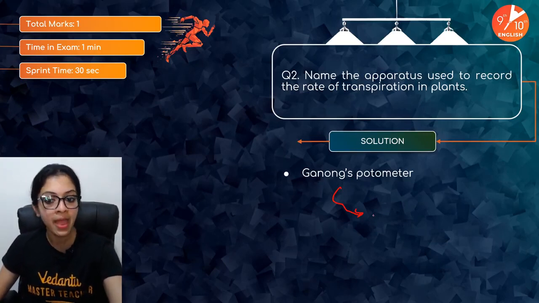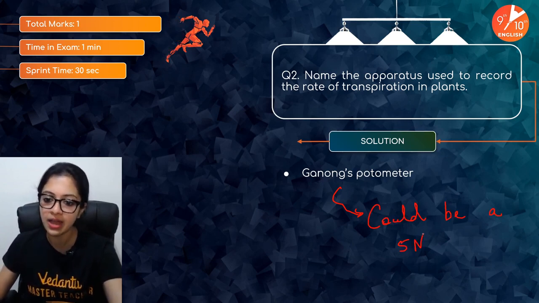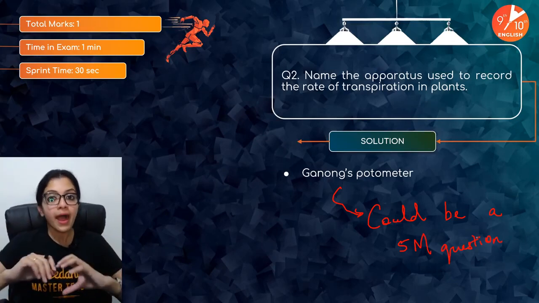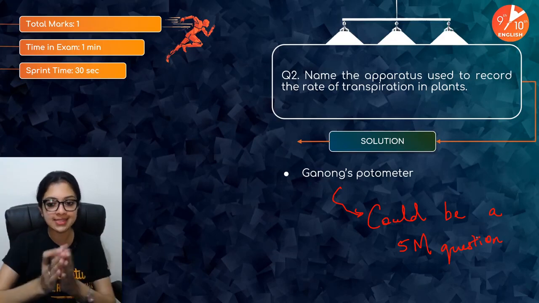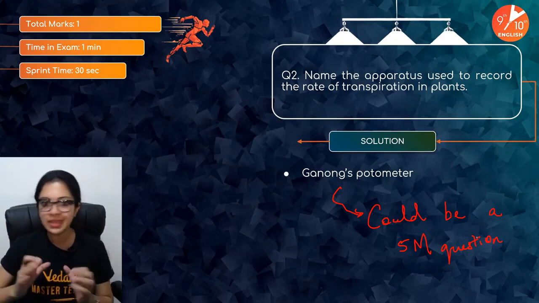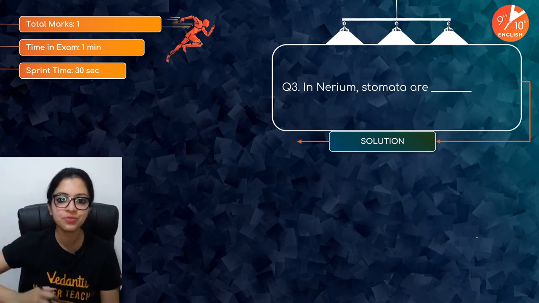The Ganong potometer could be part of a 5-mark question as well, so keep an eye on that. It is very important for you to understand the apparatus, the setup completely, and how it works. Is that clear? Let us move ahead now.